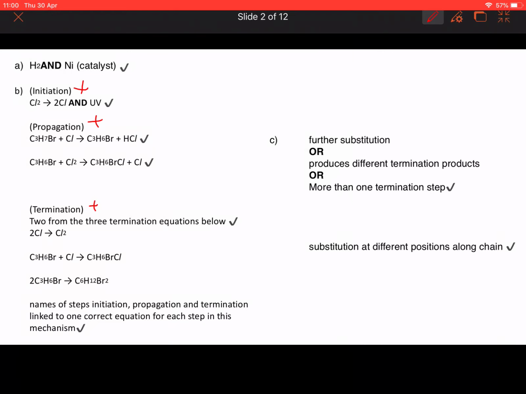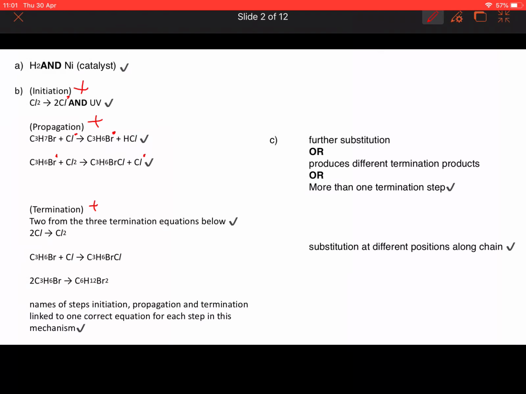On this mark scheme, because it hasn't shown up on here, they have now become really picky about making sure that you're showing the radical dots. So don't forget that our chlorines here are radicals, that our chlorine here is a radical, and that we've formed this organic radical here. This one is our radical, and that means that we have reformed our radical over here.